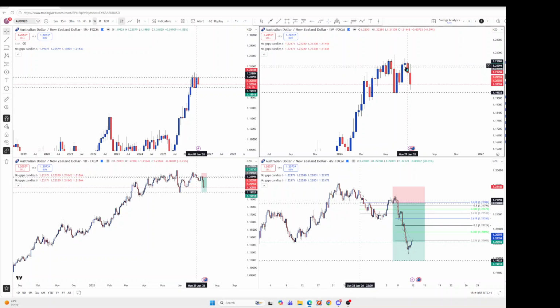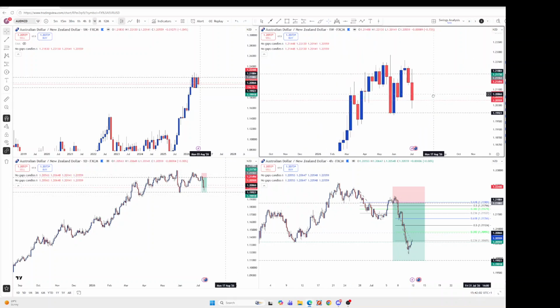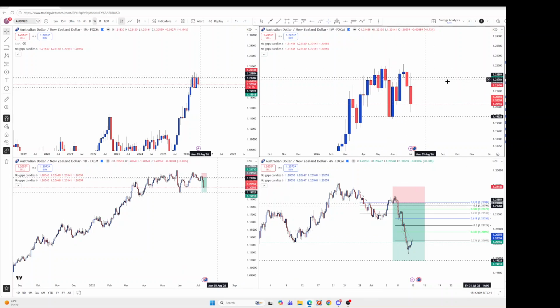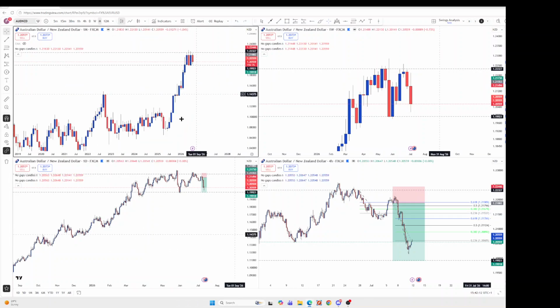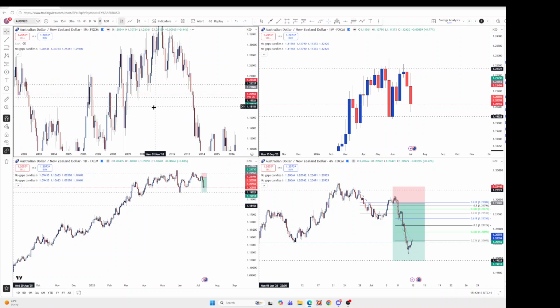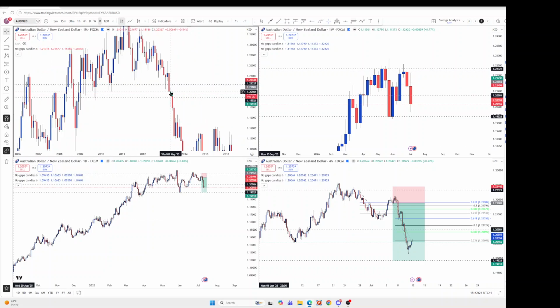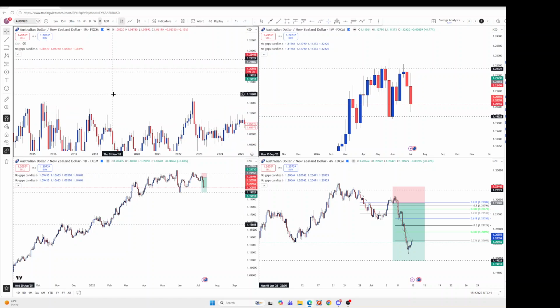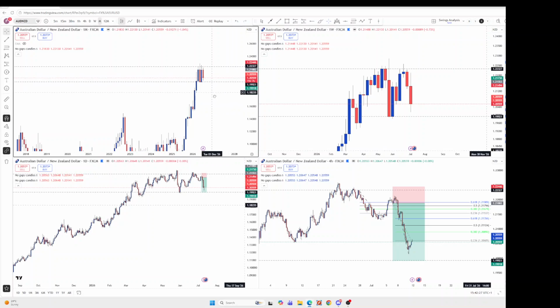You've seen price come up, and then you had this bit of a doji week where price was a bit indecisive, but what I could also see is that price had come off this level here, so it rejected this weekly level. Also on the monthly, if you look left, there are some pretty strong levels along there as well. So that was one of the things I'd taken note of.